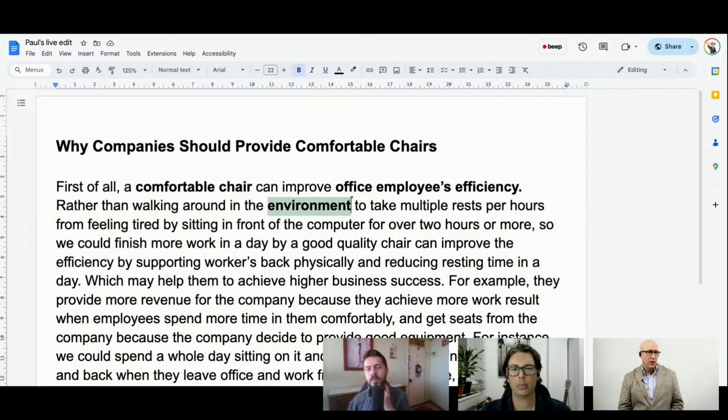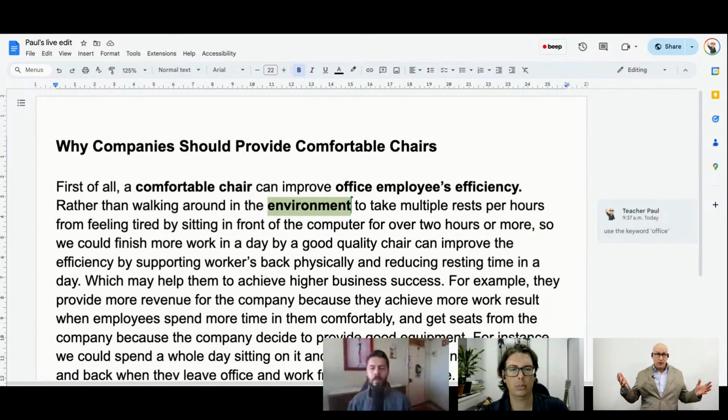So I would definitely put a side comment here saying, use the keyword office. Continue that thread of keyword. Why? So that the reader always knows you're talking about office space, not environment space.